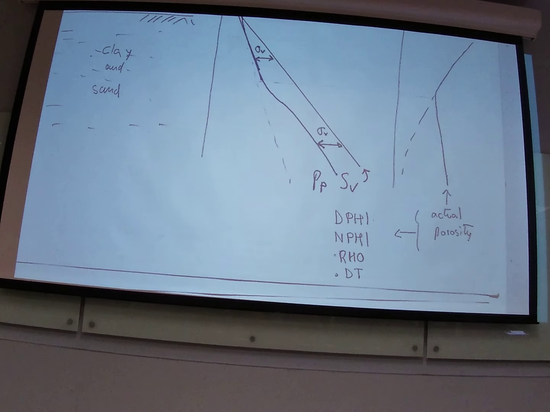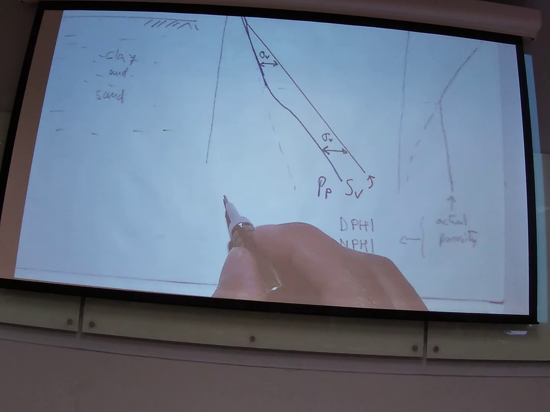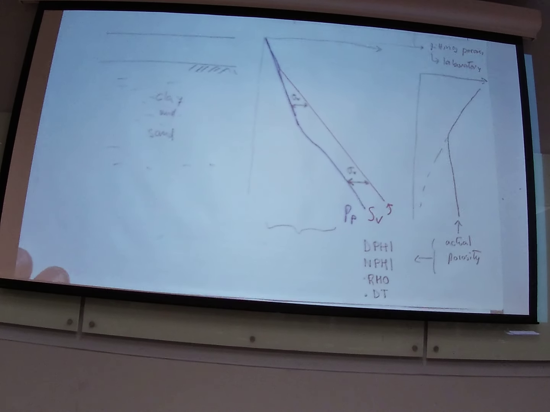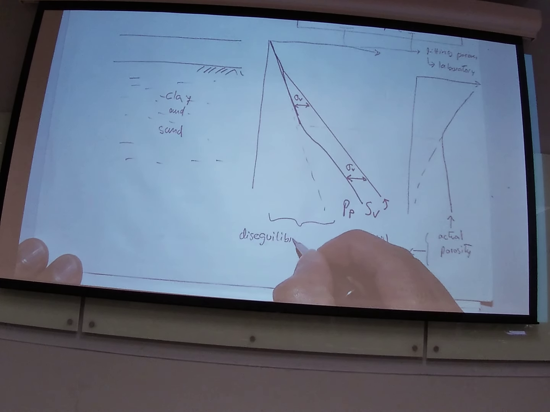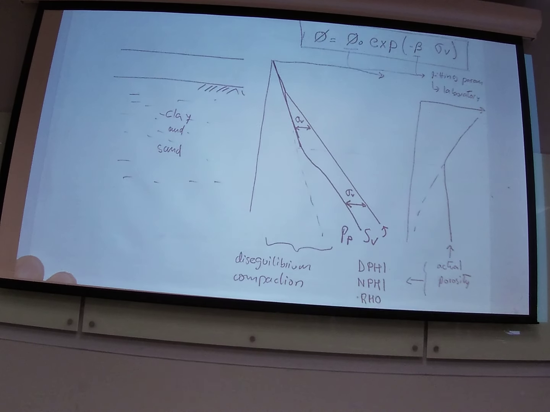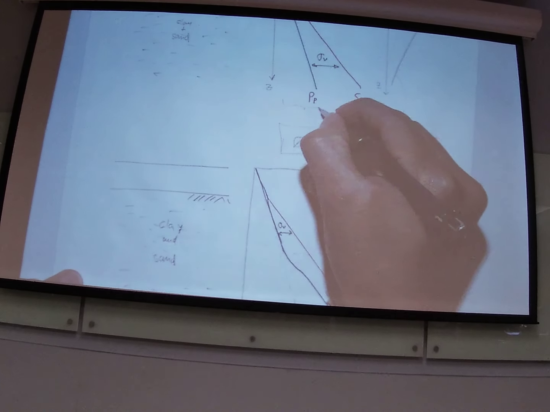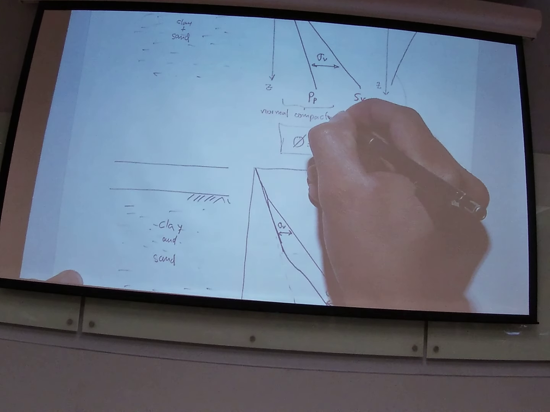And the workflow to calculate this pore pressure will be, as I'm going to write in a minute, but let me just add here again that now in this condition, we are in what we call disequilibrium compaction. And the case before, this one over here, this one will be normal compaction.